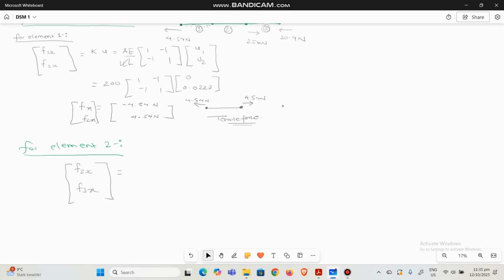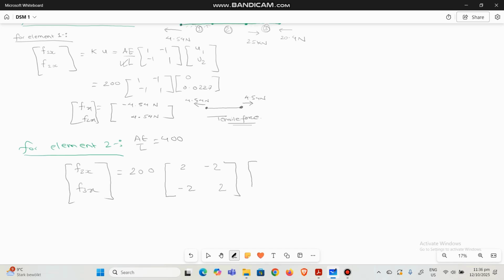So similarly, A by L is 200 times 2, minus 2, minus 2, and 2. We did this because for element 2 the value of AE upon L was 400, so we just took 200 common and multiplied the inner terms.